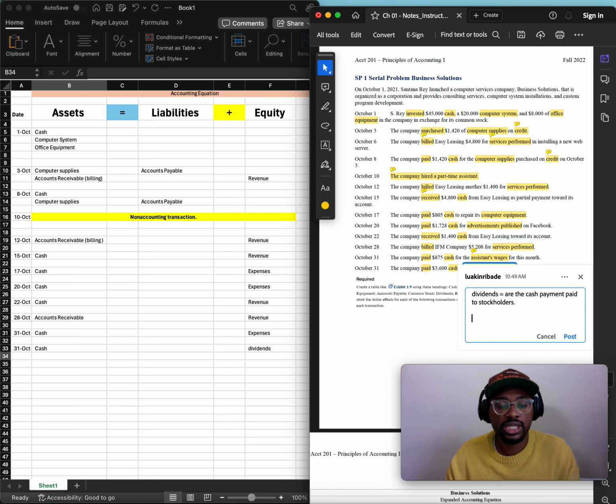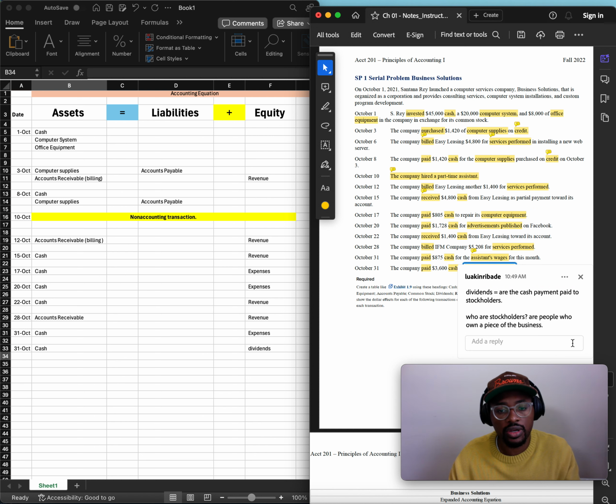stockholders, okay? Which then asks the question, who are stockholders, right? Stockholders are people who own a piece of the business. Okay. So people who own a piece of the business are called stockholders. So stockholders are owners.